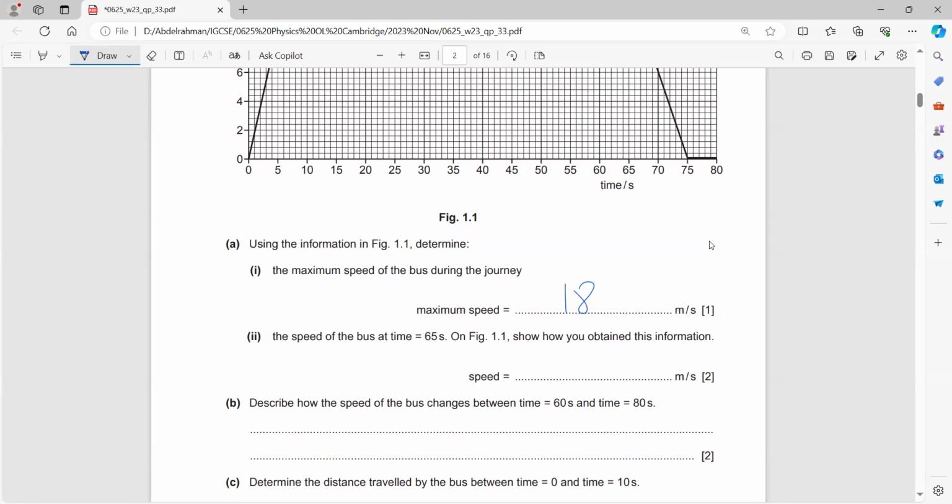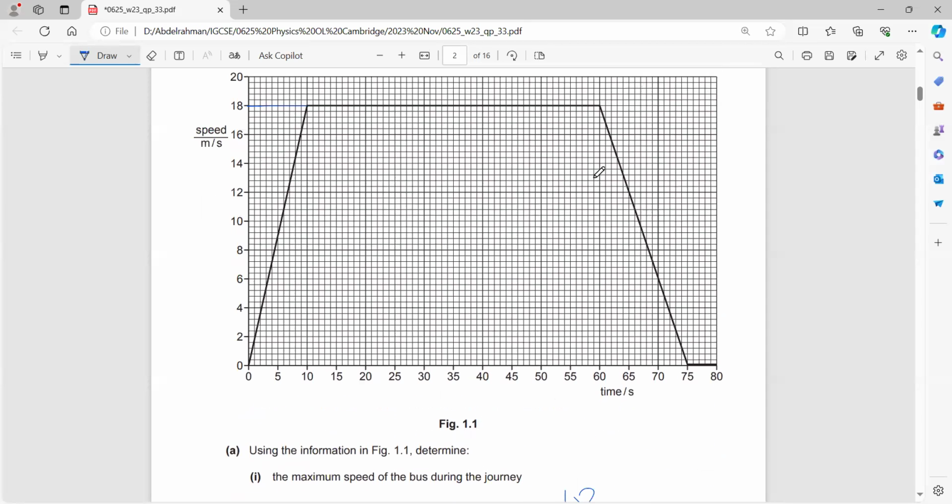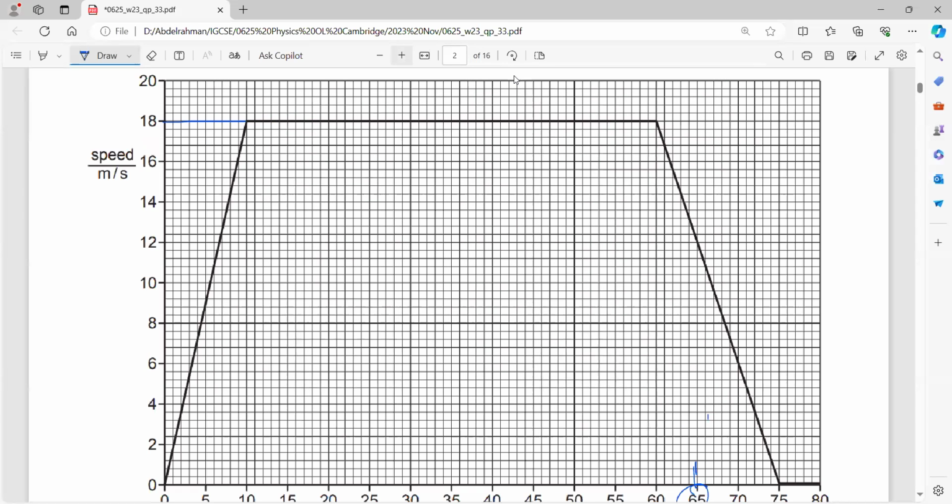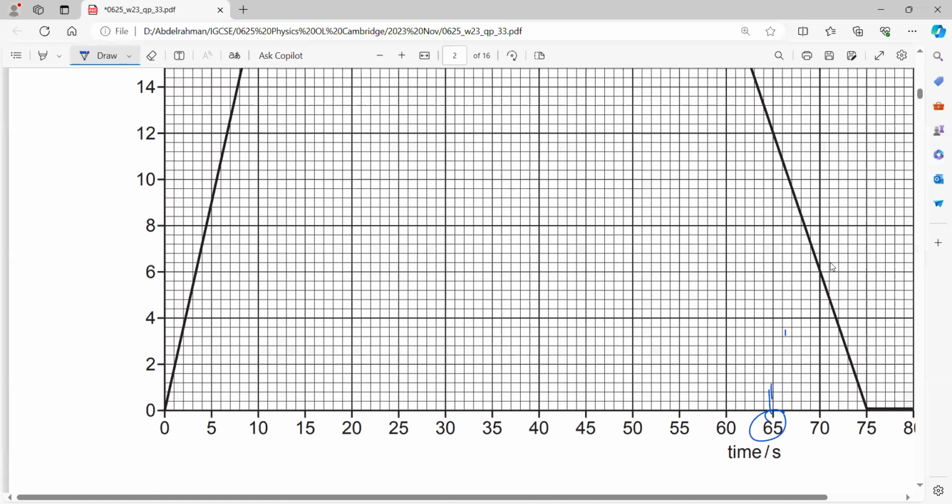The speed of the bus at time 65 seconds. Calculate or determine the speed of the bus at time 65 seconds. Show how you obtained this information. At this time, what was the speed? To determine the speed, what should we do? We should draw a line. Let's zoom in a little. Okay, I will draw a vertical line using the ruler.